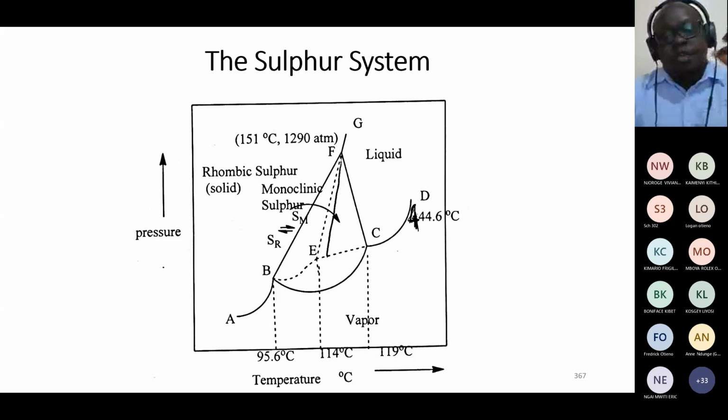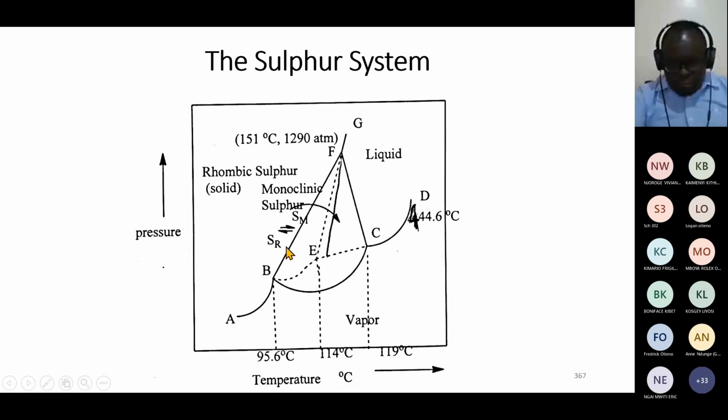When you have rhombic sulfur and start heating it, at a certain temperature it is going to convert to monoclinic sulfur. The temperature at which this happens is called the transition point.